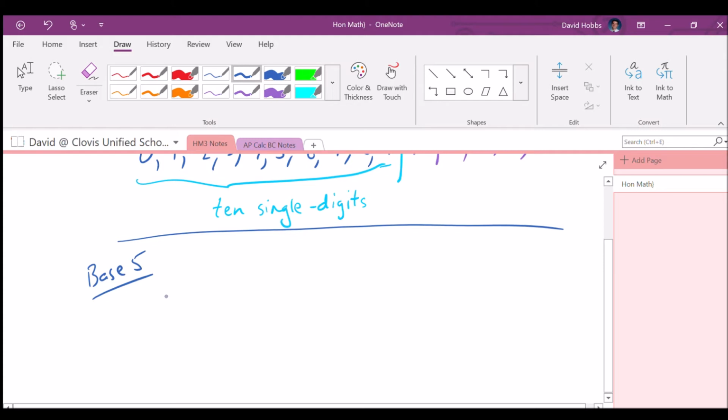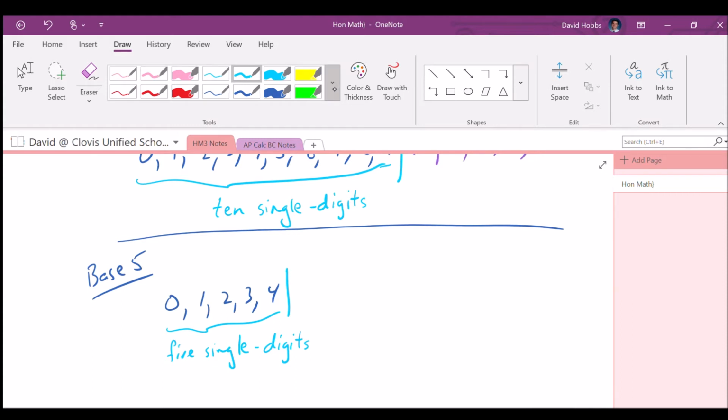Okay, so base 5 is 0, 1, 2, 3, 4, and then as soon as we get to what we actually want to write as a 5, it will require 2 digits to be able to write it. Okay, and so writing it, it is a 1, 0. That is 5 in base 5.